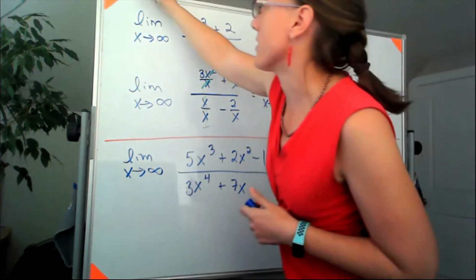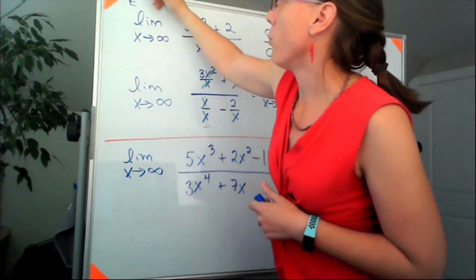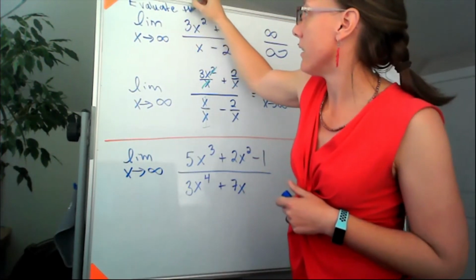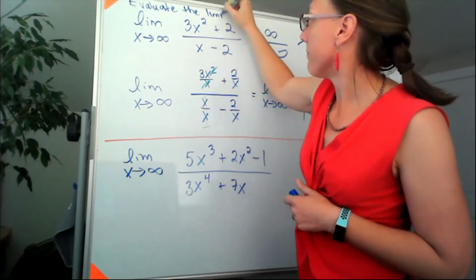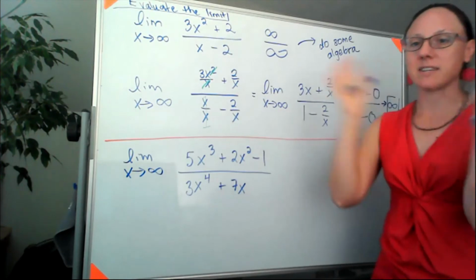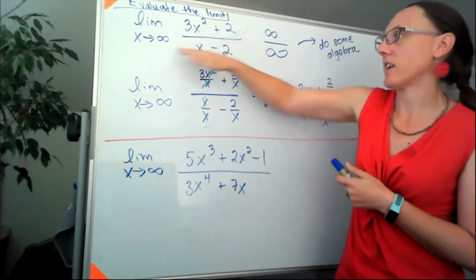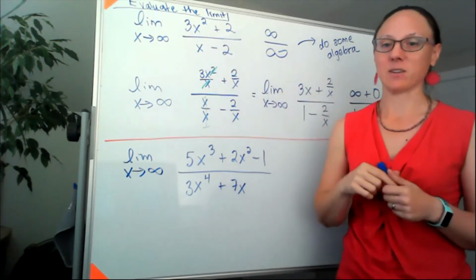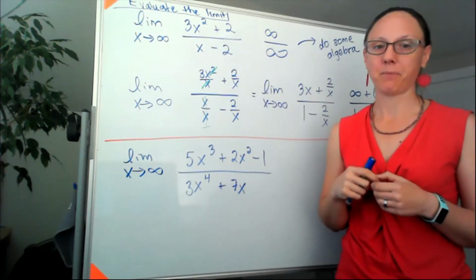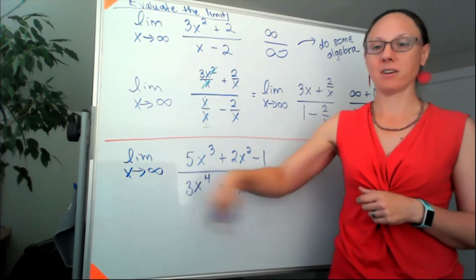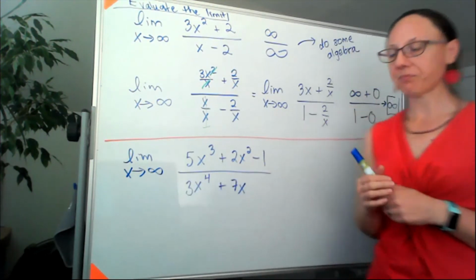So maybe I should have put instructions up here, but if we were just asked to evaluate the limit, then that question doesn't say go do extra things. We're just going to answer specifically the question that they asked us. So the limit as x approaches infinity. Same thing here. I'm only going to concern myself with x approaching positive infinity for the moment.